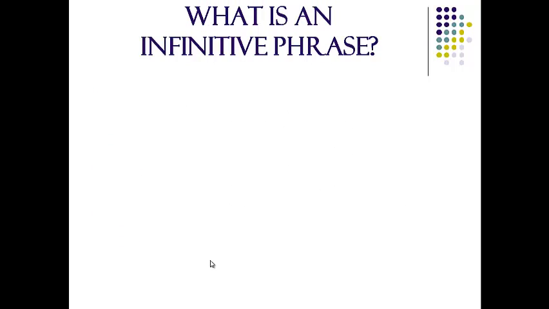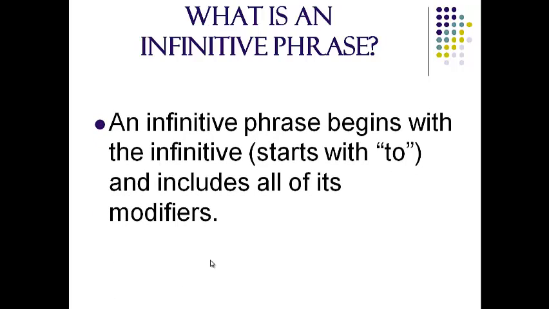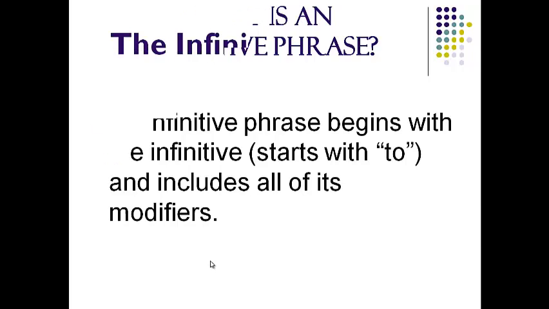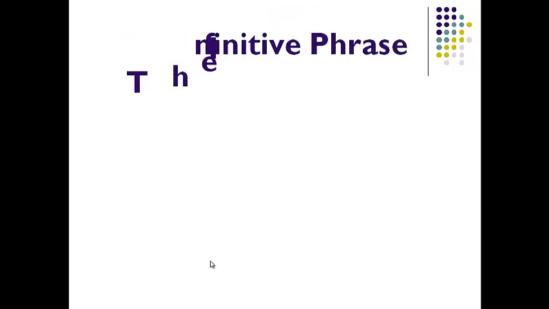So now let's talk about phrases. An infinitive phrase begins with the infinitive, which is to plus the verb, and it includes all of its modifiers. So any adjectives that go with it or extra nouns, anything that goes with the phrase.